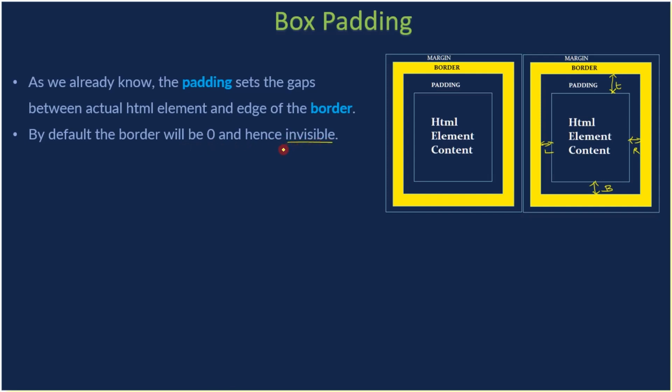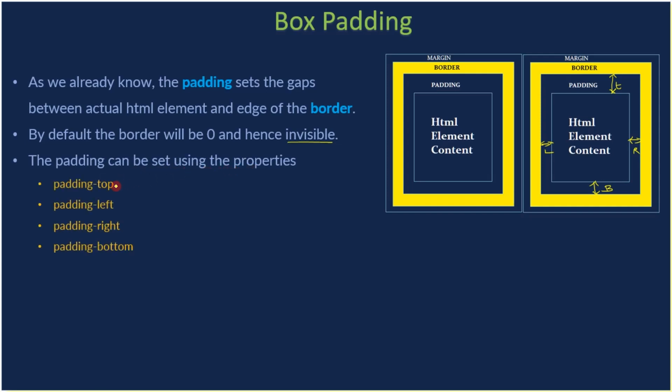So if we want to make the border visible, we can set a border with a different width. The padding can be set using the properties: padding top, padding left, padding right, and padding bottom.